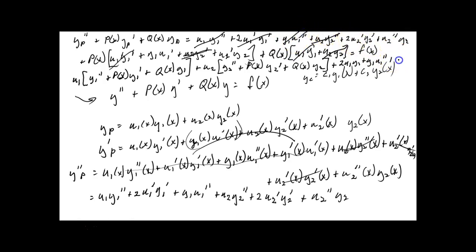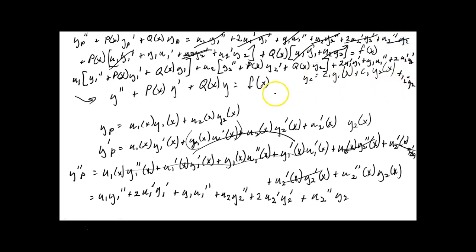Plus 2, these are primed here, I forgot, left off my primes. 2 U2 prime Y2 prime. That takes care of that one. Plus U2 double prime Y2. That takes care of that one.